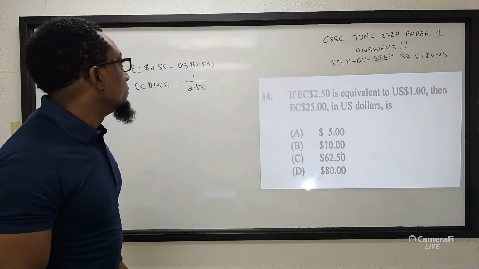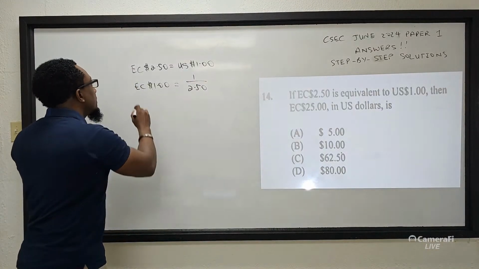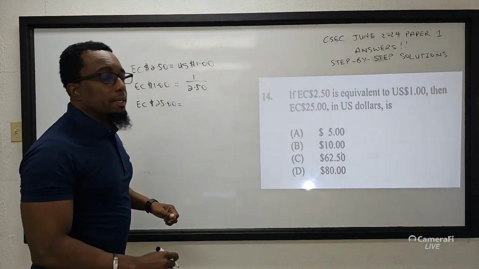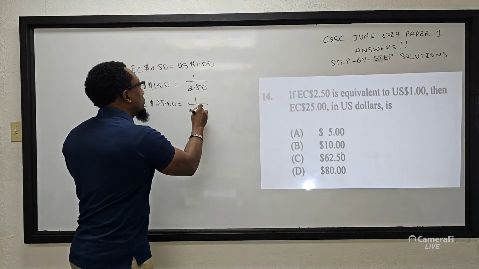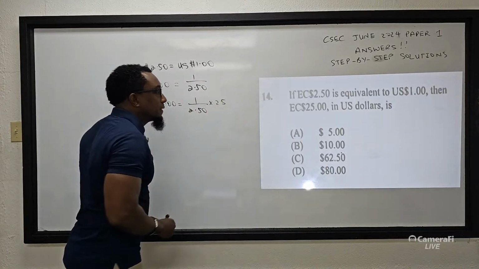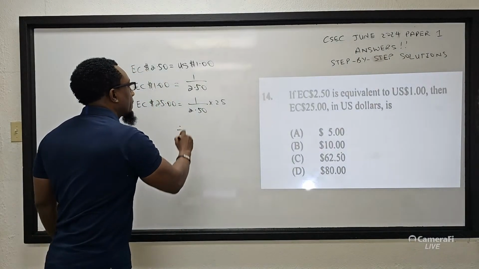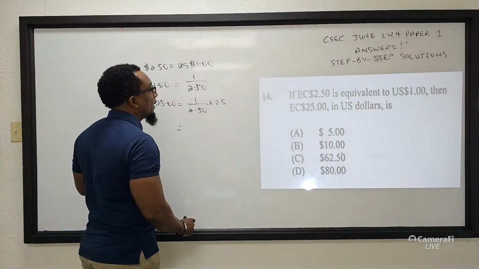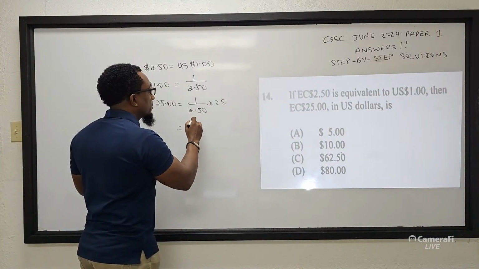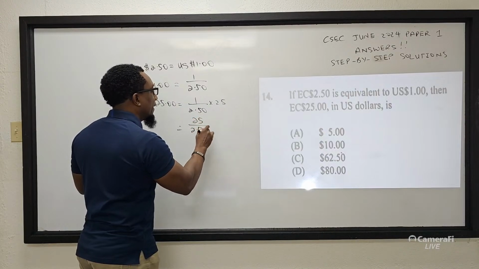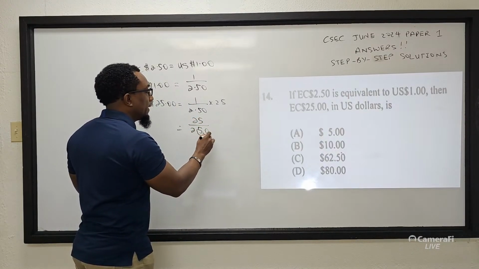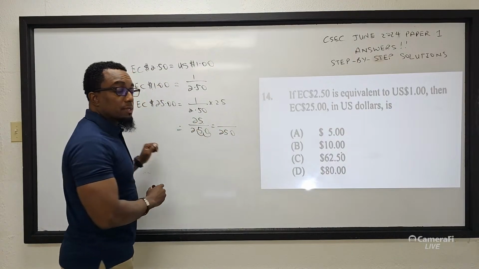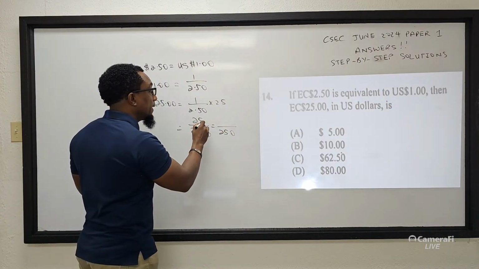Therefore 25 EC dollars will be 1 over 250 times 25. When we work that out, this is 25 divided by 2.5. I can move the decimal point 2 places to the right to become 250, and the point after the 5 I can also move 2 places to the right.